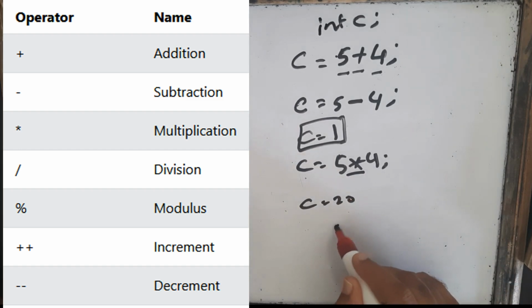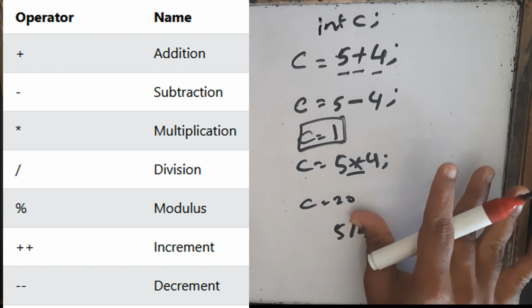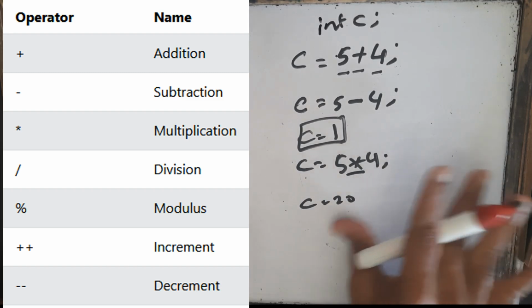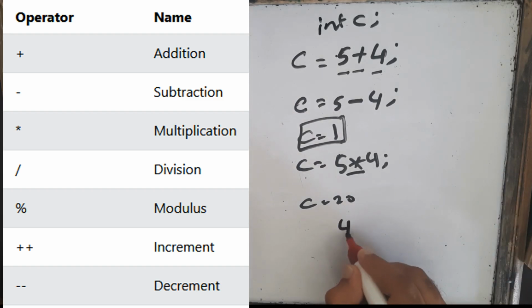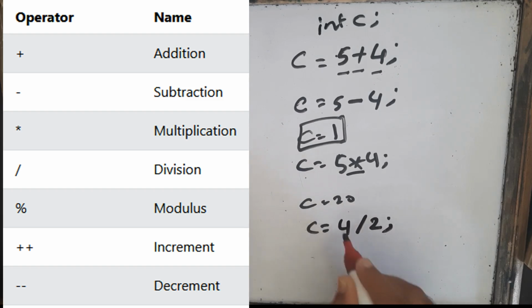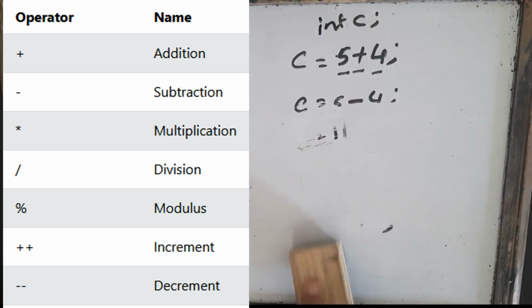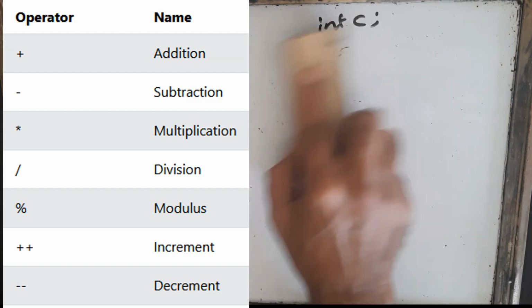Then division: 4 divided by 2, so C will be assigned 2. These are the basic operators: plus, minus, division and multiplication.